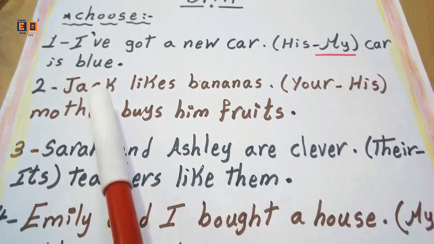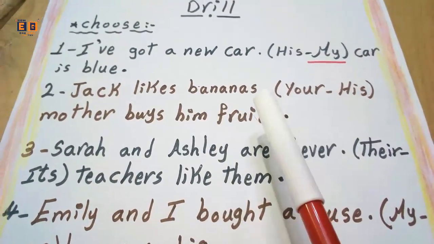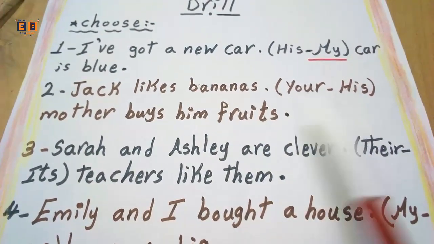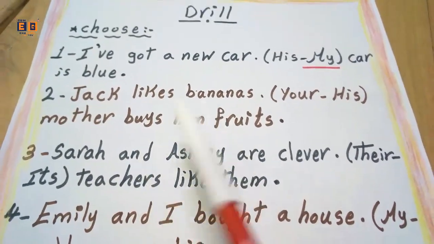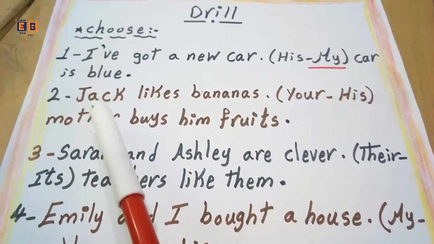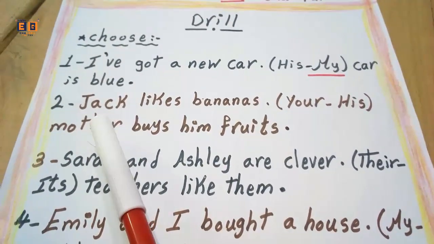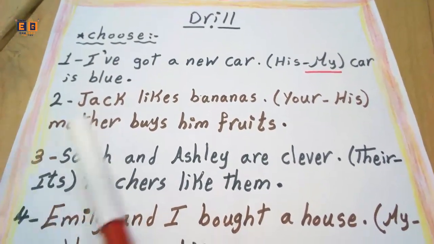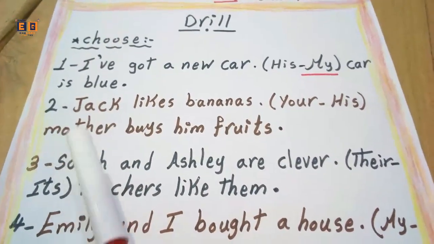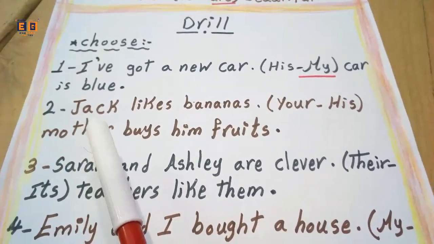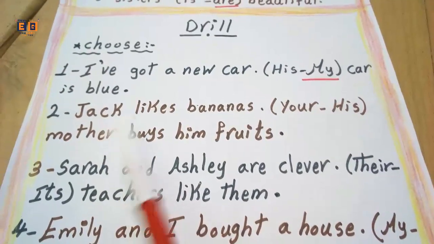Number 2: Jack likes bananas. Choose from your or his: mother buys him fruits. Of course, we are talking about Jack, who is a singular absent male. Whenever we talk about a singular absent male, it will be he.